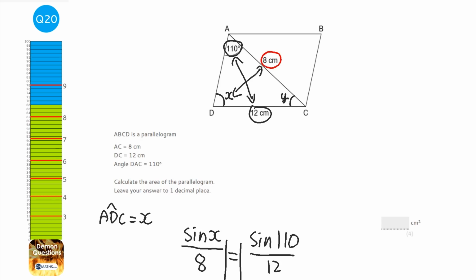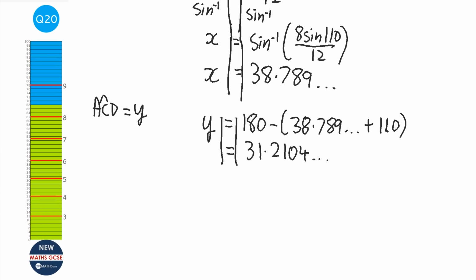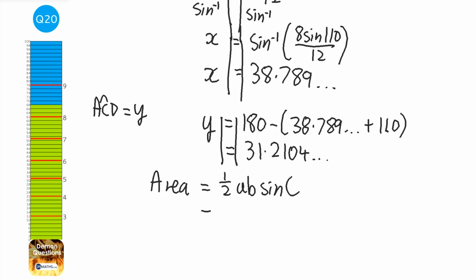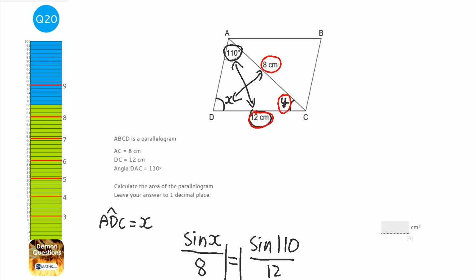Okay, so I've worked out what y is, which is good, because when you have a length, then an angle, then a length all together, then you can use the trigonometric area formula. And the formula is dead easy. It just says that area equals half AB sine big C. So we know the problem is actually we've got two triangles.